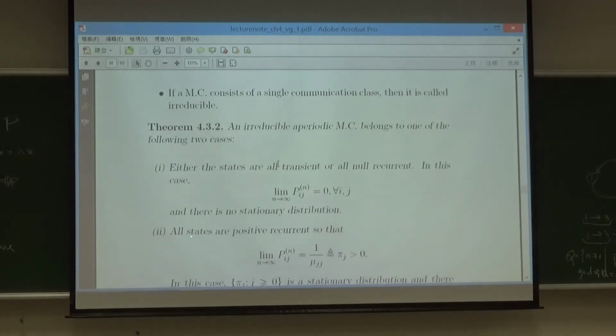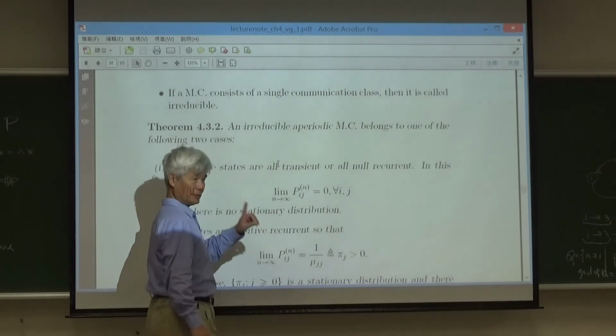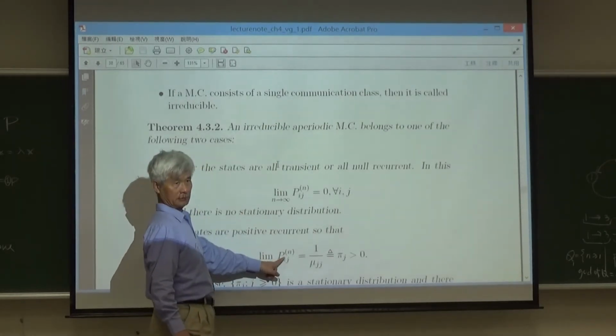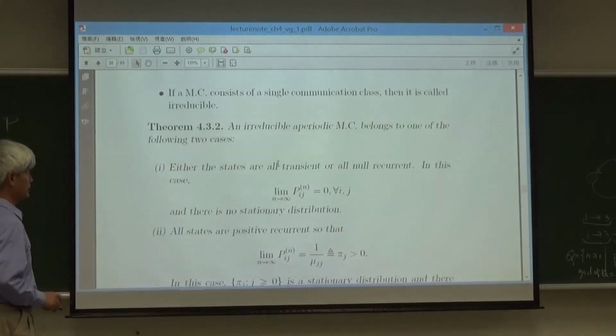The second case is all states are positive recurrent. Then the limiting behavior of the n-step transition probability goes to 1 over μ_j, and this is finite and positive. We define this as π_j. It's very interesting that this is independent of i, and depends on j only.